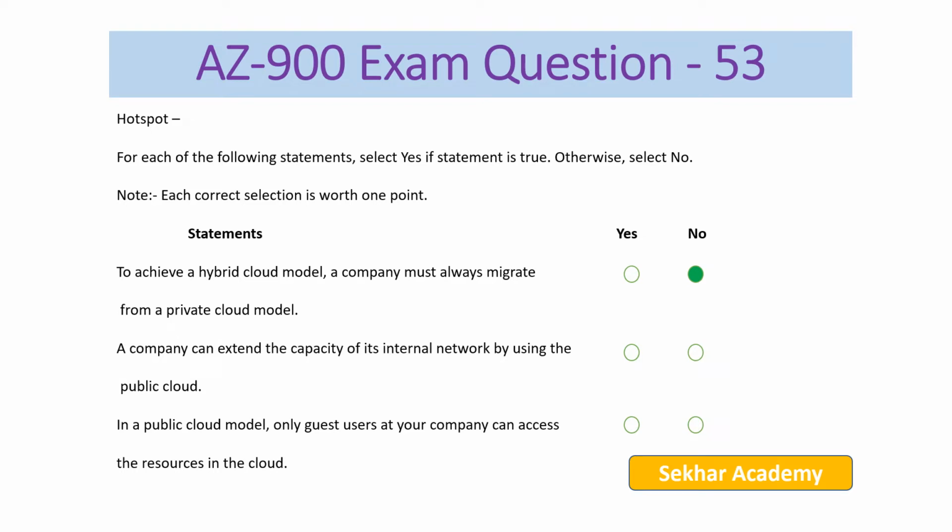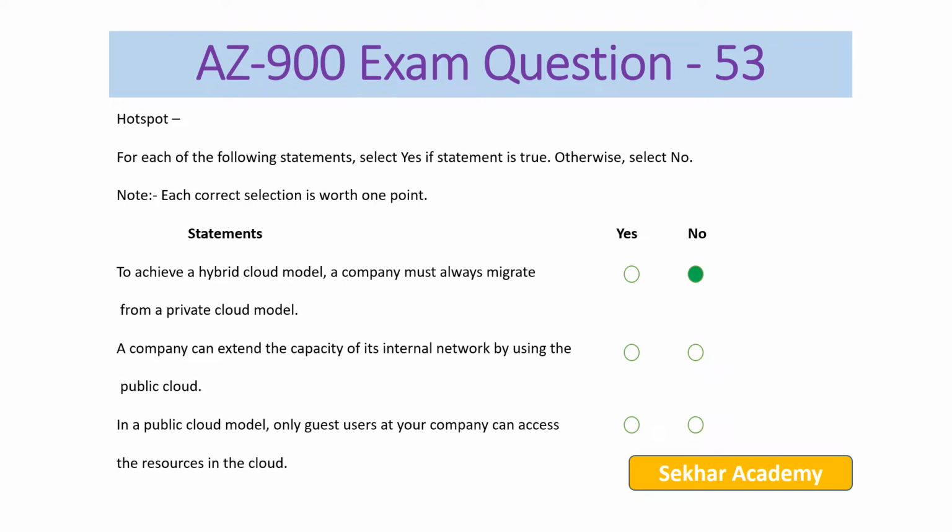Many organizations choose a hybrid cloud strategy because of business requirements such as meeting regulatory and data sovereignty requirements, maximizing on-premises technology investments, or addressing latency issues. So the right answer is here option B.